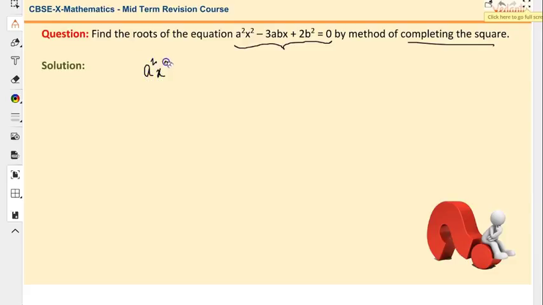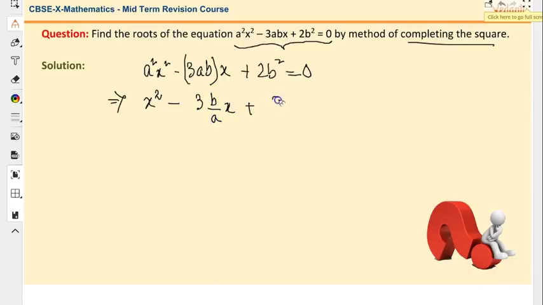So a square x square minus 3ab x, or plus 2b square equal to 0. First thing I will do is free up this x square. So let me divide both sides by a square. If I divide both sides by a square, I will have x square minus 3b by a x plus 2b by a whole square.